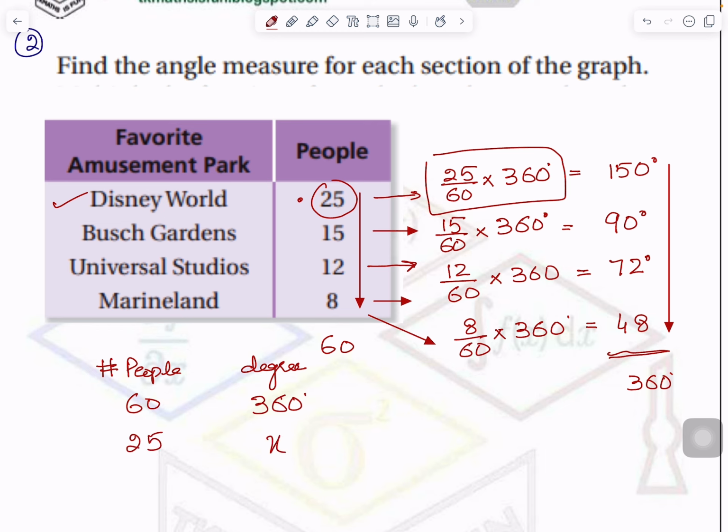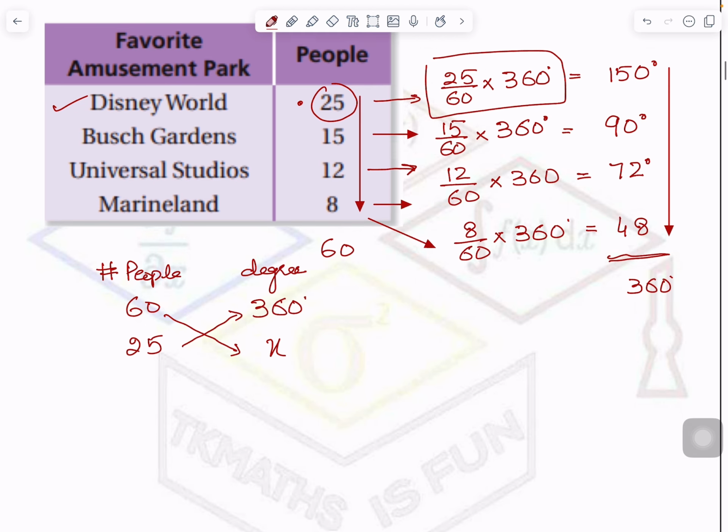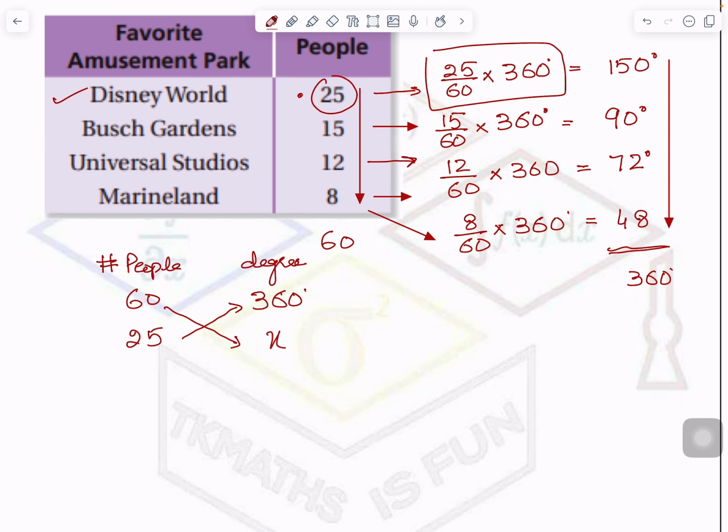So with the unitary method, we can do cross multiplication in this case. Some people are comfortable with this method. Okay, if this is equal to that, then what is this equal to? Because it is a direct proportion here, it will be 60 times x is equal to 25 times 360, and I'll show you it will be the same. 25 over 60 into 360.